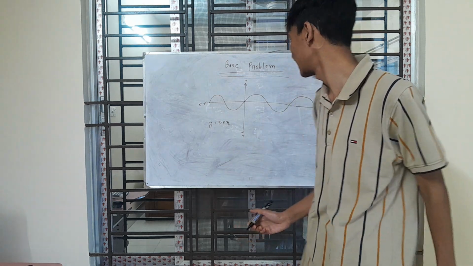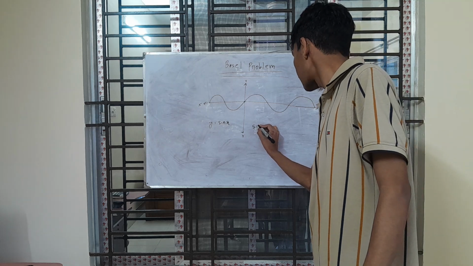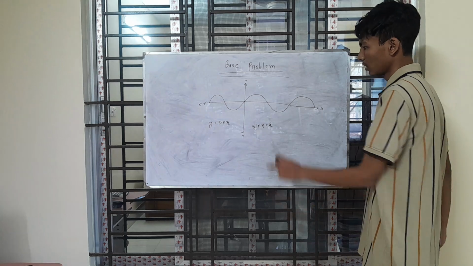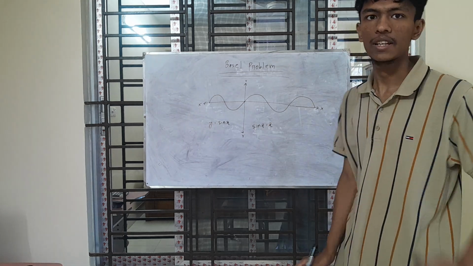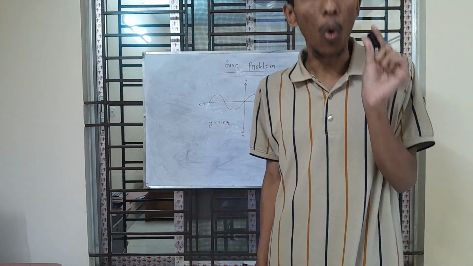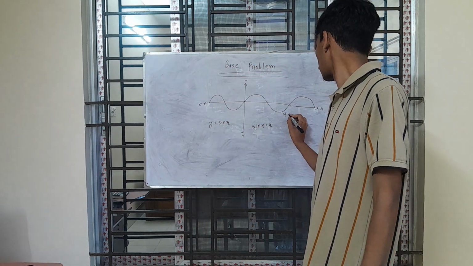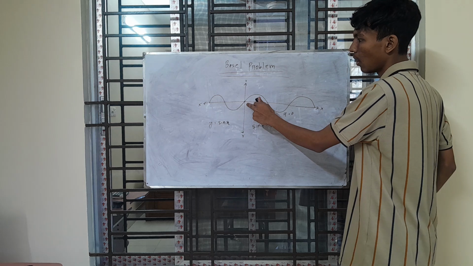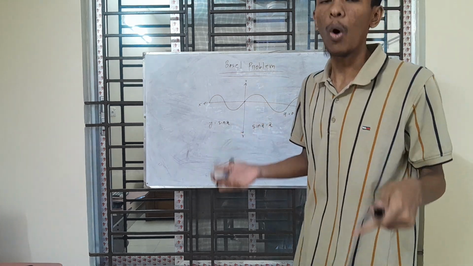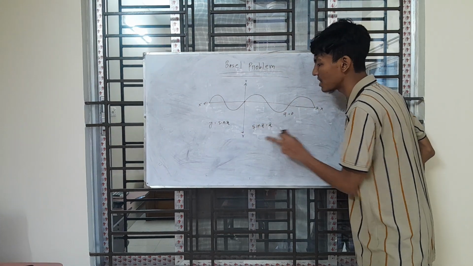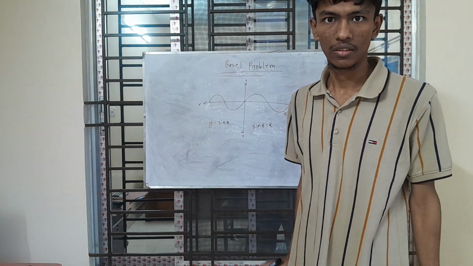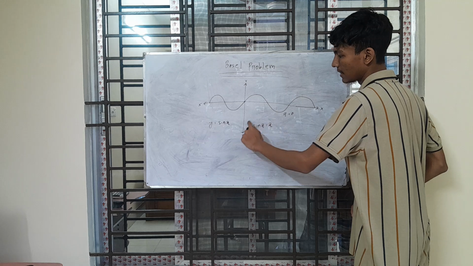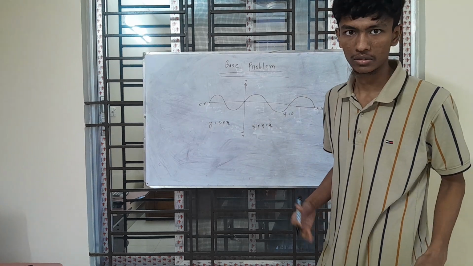We have to find out: sine x equal to 0. This equation is only true when x is equal to 0. So we found a zero, or a point where this equation is satisfied, right? So x equal to 0 and this equation will be satisfied, right?